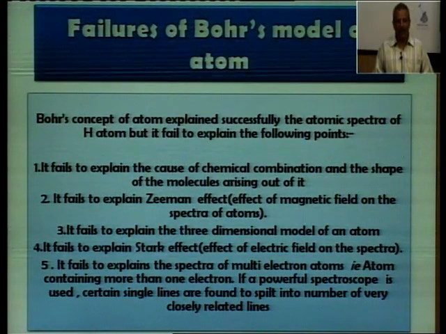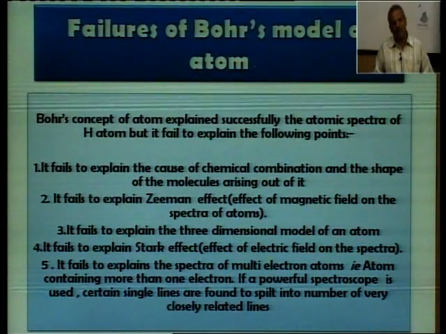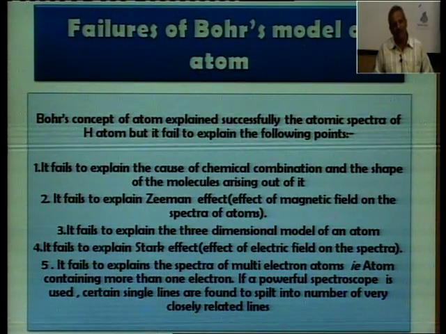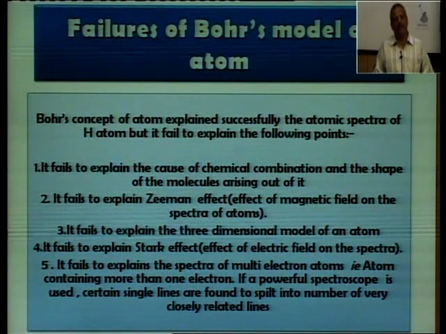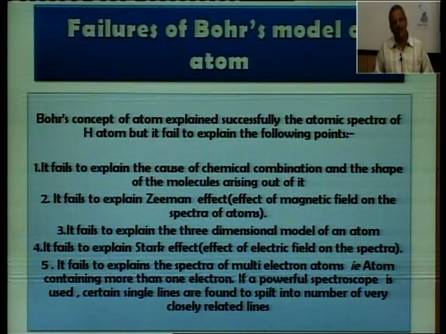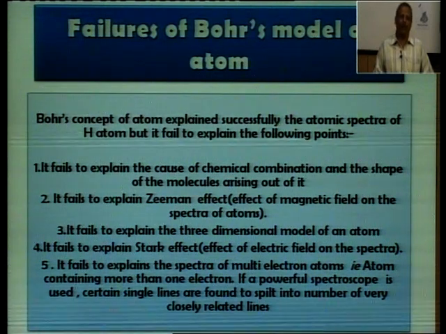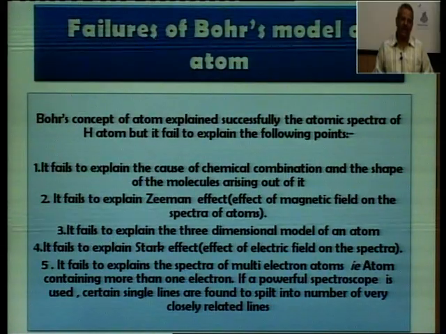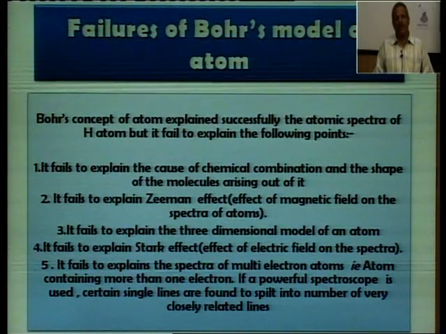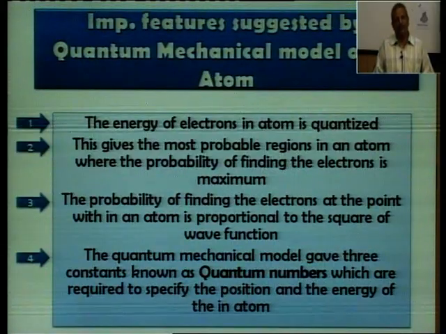So, we need the quantum numbers to explain the extra lines, to explain the Zeeman effect, and to explain the 3-dimensional model of an atom. So, that is where the necessity of the quantum numbers arises.